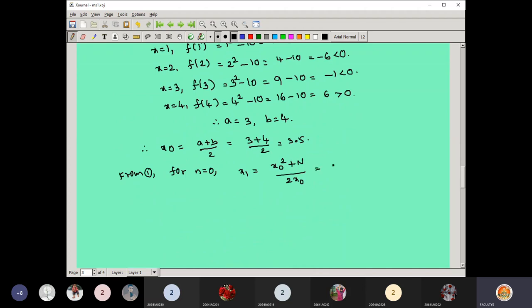So x0 is already calculated as 3.5, whole square. N is 10. Total it is divided by 2 into x0, 3.5. Now just open your calculator and find the answer. 3.5 square plus 10, divided by 2 into 3.5.